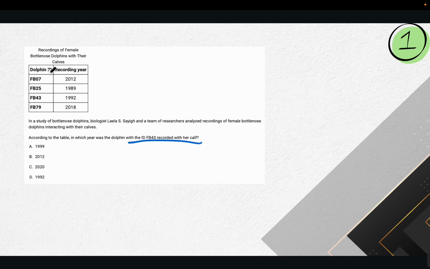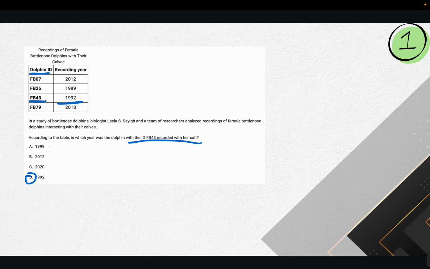The ID of the dolphin is given. We just check it. FB43, 1992 is the recording year. This is very simple. We just choose option D, 1992. Okay guys, my timer ended. I actually solved it before the 1 minute.